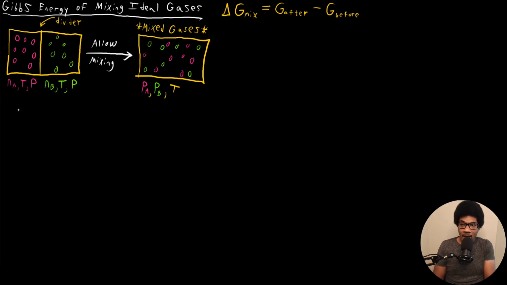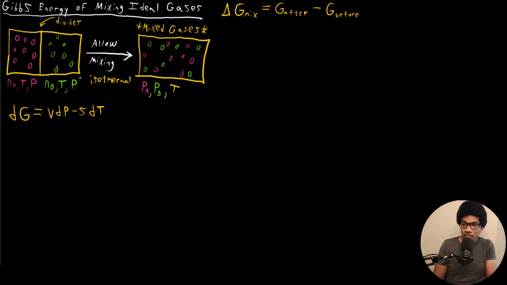Okay, so we know we have a differential for the Gibbs energy: dG is equal to VdP minus SdT. In this case, I've specifically written temperature consistently here. This is going to be an isothermal mixing, so the mixing occurs in such a fashion that the temperature does not change.